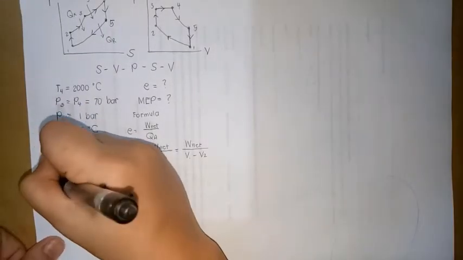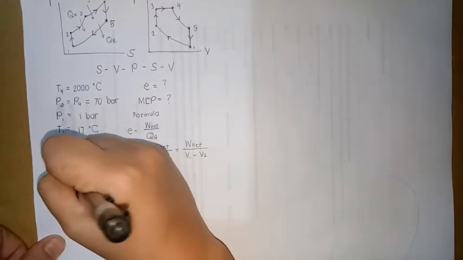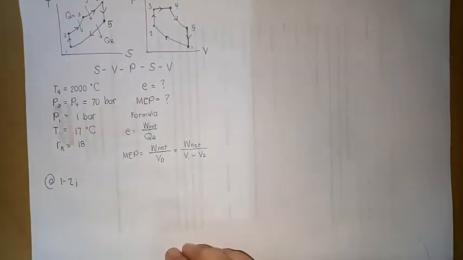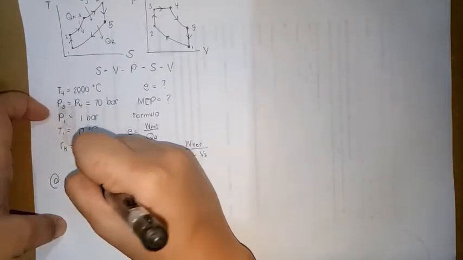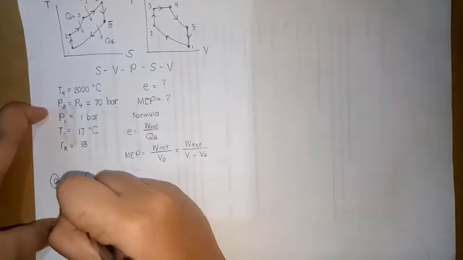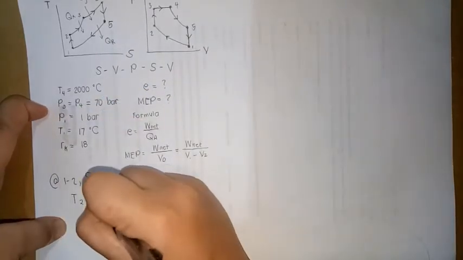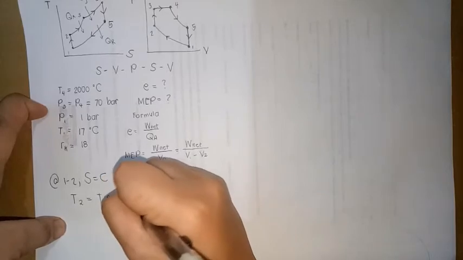For T2, we already have T1, which is 17 degrees Celsius. At process 1 to 2, the process is isentropic. If the process is isentropic, we already have a derived formula for that. Process 1 to 2, S is constant. So, T2 is equal to T1 times rk raised to k minus 1.